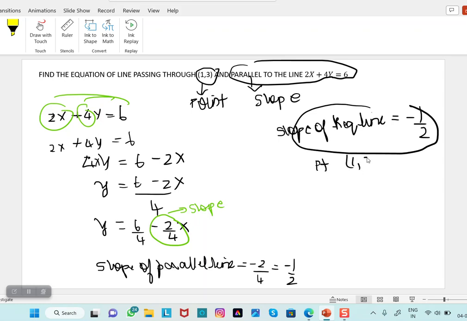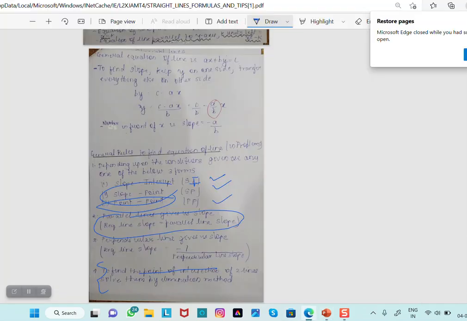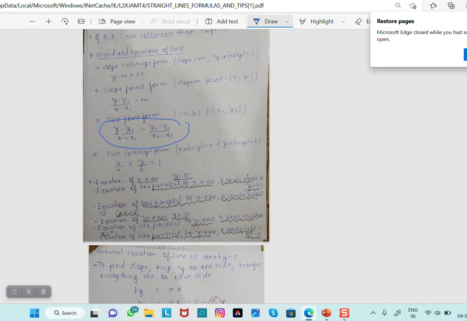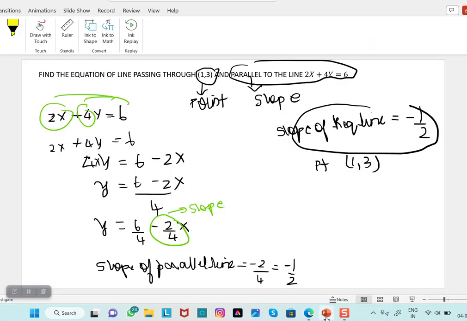So now using the slope point form, we have to find the equation. Now there is a formula for slope point form. The formula is y minus y1 upon x minus x1 is equal to m. So we use this here. Whatever slope that we have got here, this will become m.